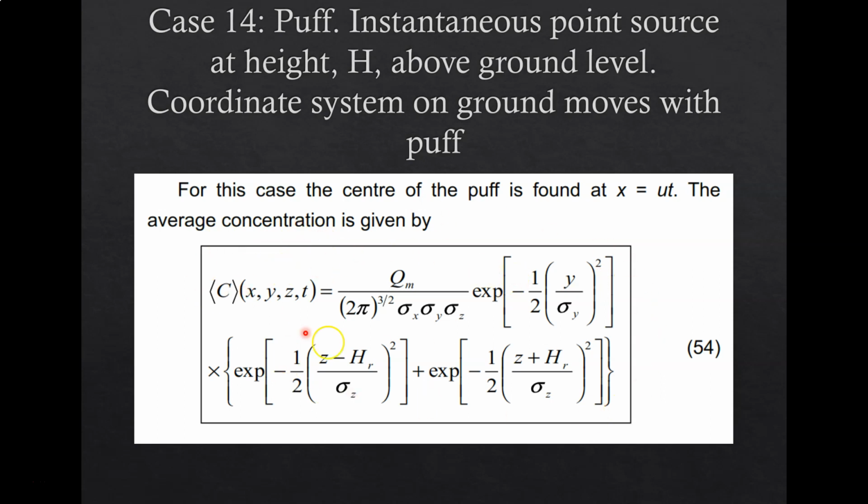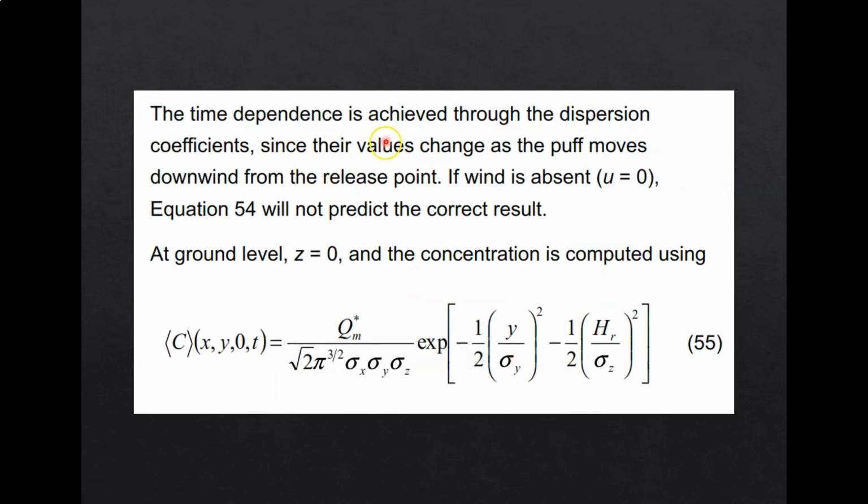Remember, this equation will also be used in case 15. However, there are some modifications to that equation. For case 14, this is the equation where the time dependence is achieved through the dispersion coefficient.